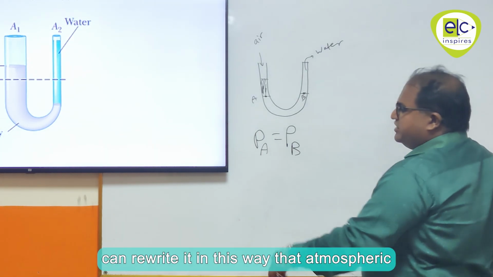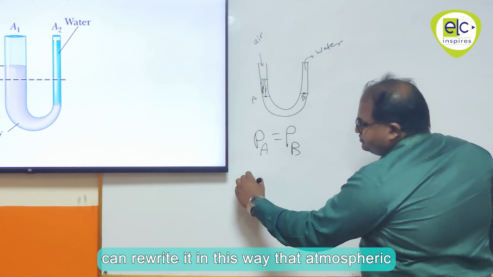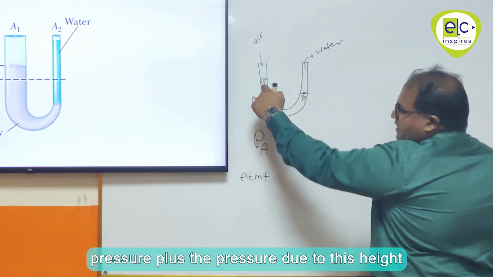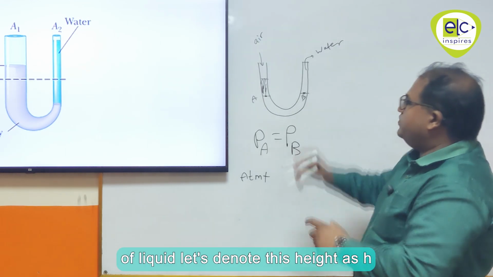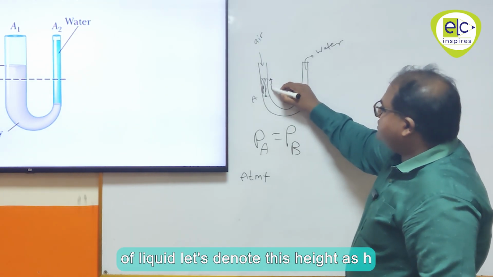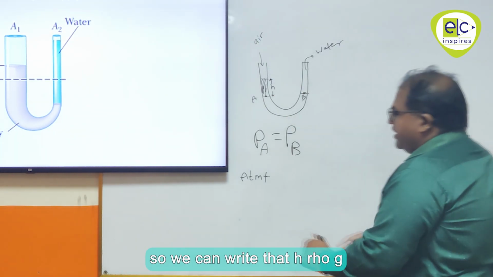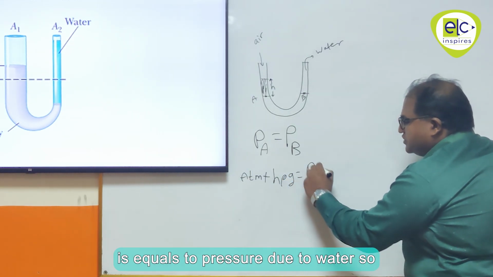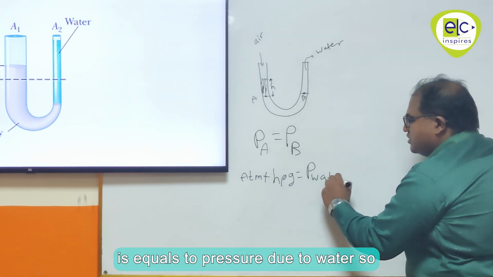So we can rewrite it in this way: atmospheric pressure plus the pressure due to this height of liquid. Let's denote this height as h. So we can write that h rho g is the pressure due to the liquid.